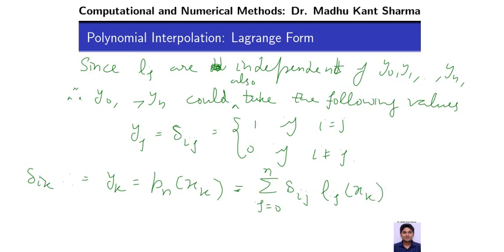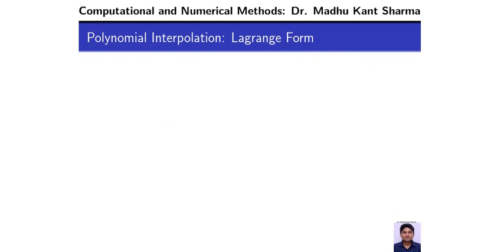So that is equal to Li of x. This is one of the properties of the polynomials L0, L1, L2, and it is true for 0 less than or equal to i less than or equal to n. These polynomials we are deriving are called cardinal functions. So L0, L1, L2 to Ln are called cardinal functions.